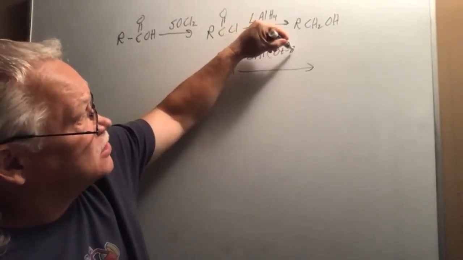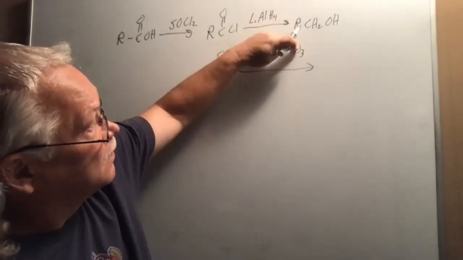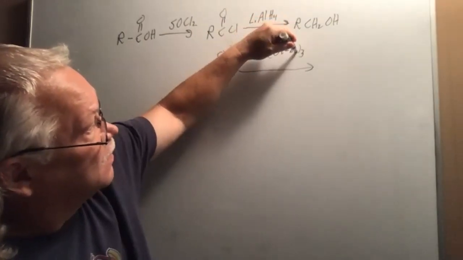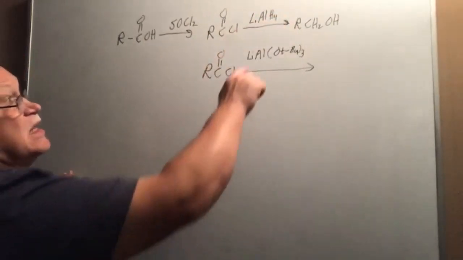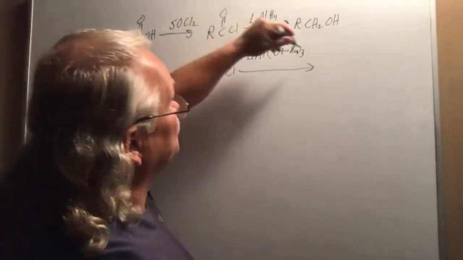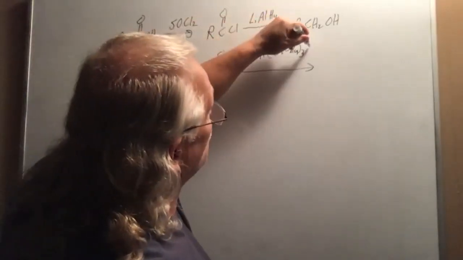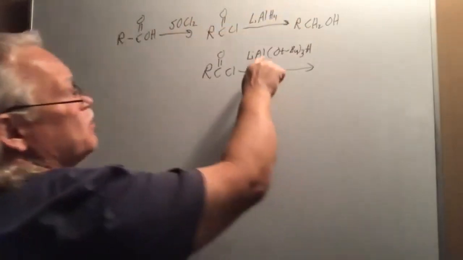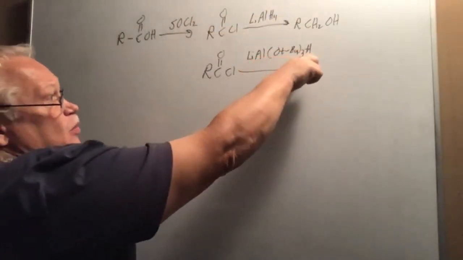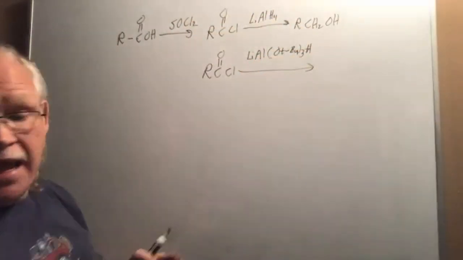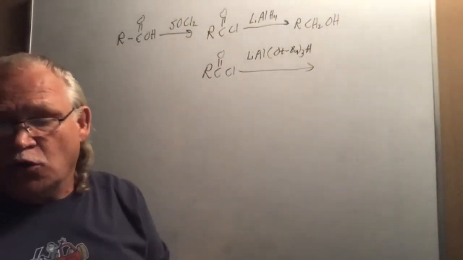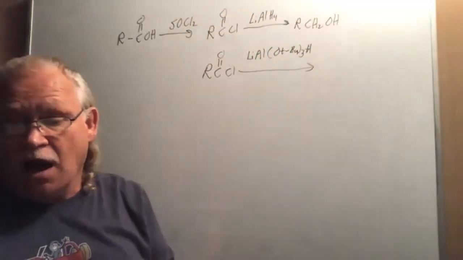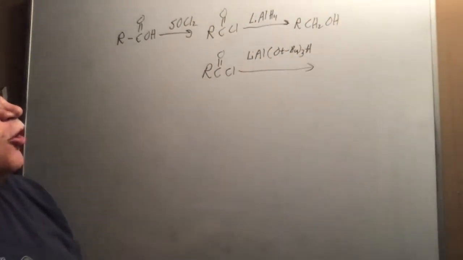Now notice this reducing agent is similar to this, okay, and it doesn't matter where you put the hydrogen. Some people put the hydrogen here and some people put the hydrogen on this side. It makes no difference. I do it both ways. In my notes, I actually left it off, okay, on page 2.